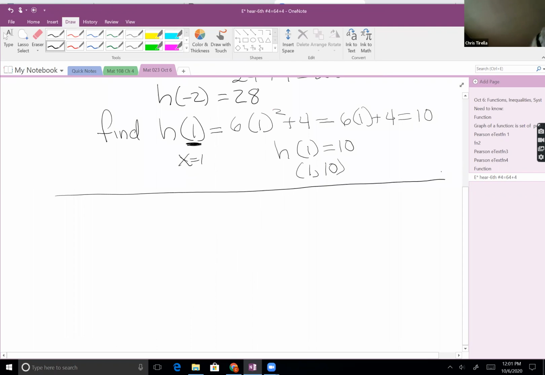Another example, let's say that g of x is 5x minus 7, and I want to ask you to find g of 3.